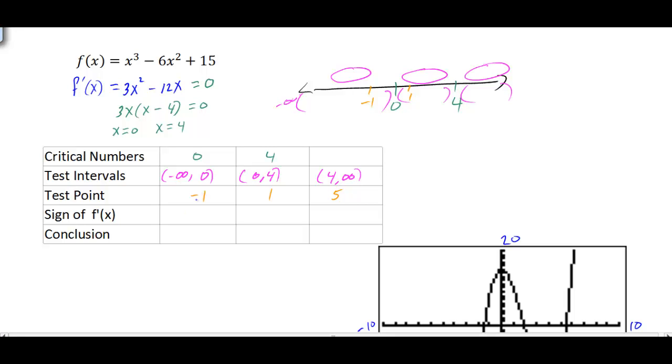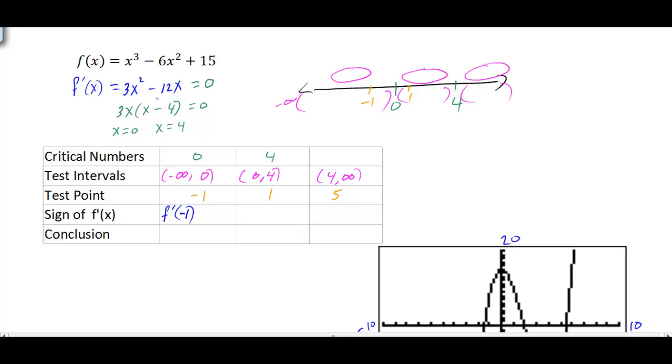Now we need to take this number and find out what is the slope at that point. Now remember, whatever the slope is at negative 1, that's going to be the slope of the tangent line at any point, whether it's positive or negative, from negative infinity to 0. So if we take the negative 1 and plug it in to the derivative, now be careful, we're plugging the negative 1 into the derivative, so that's 3 times negative 1 squared minus 12 times negative 1.